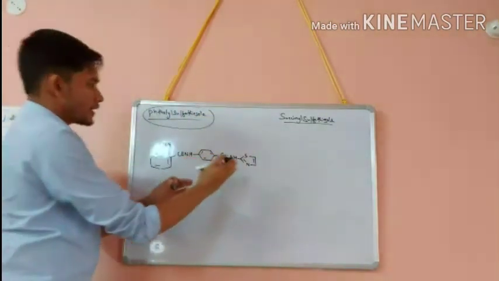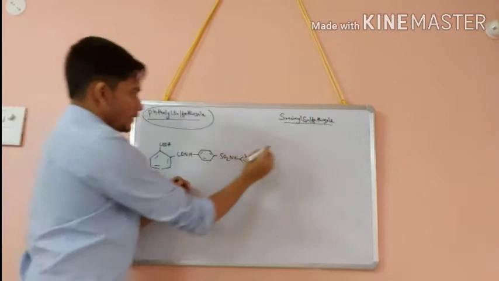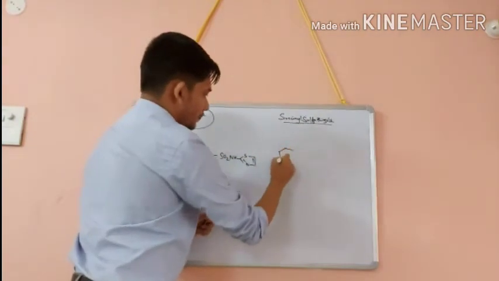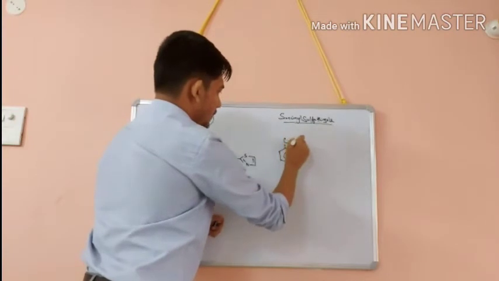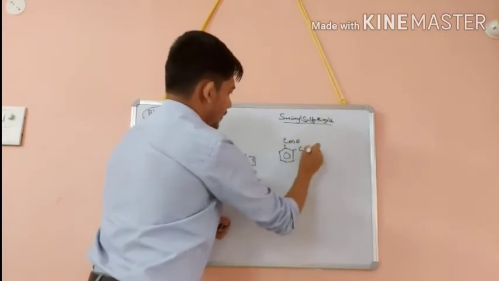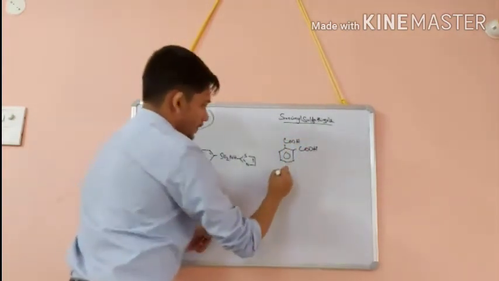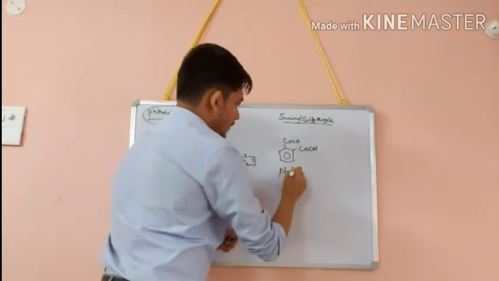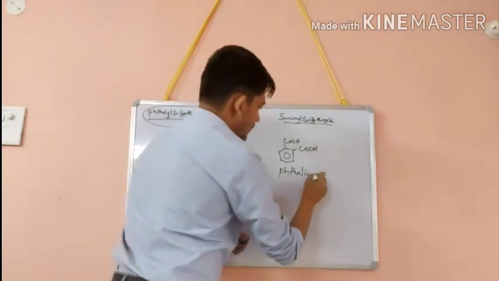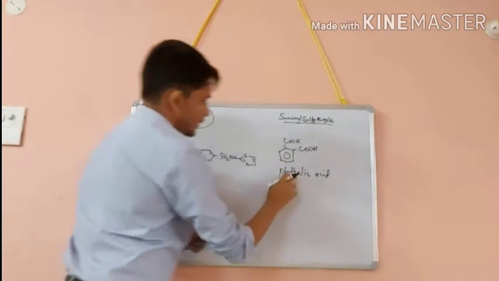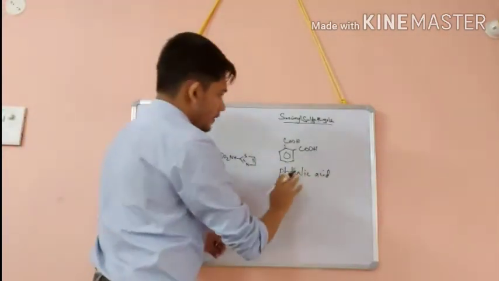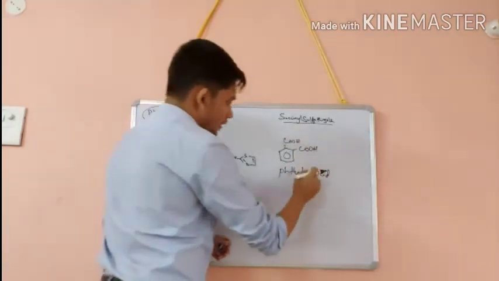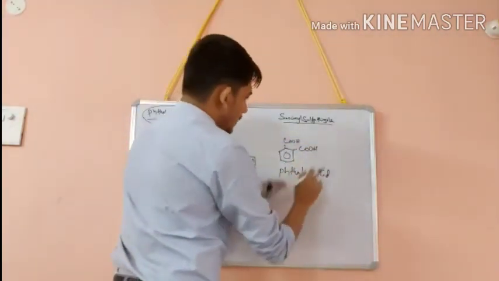For that, you have to remember that this structure is known as phthalic acid. PHTHALIC, phthalic acid; the P is silent, that's why it is phthalic acid.